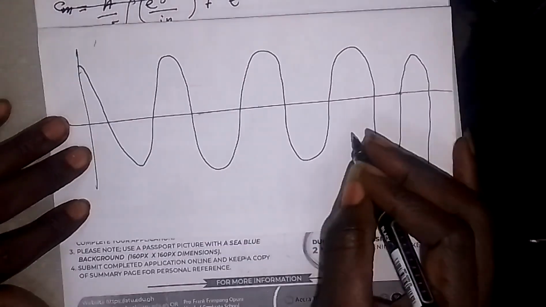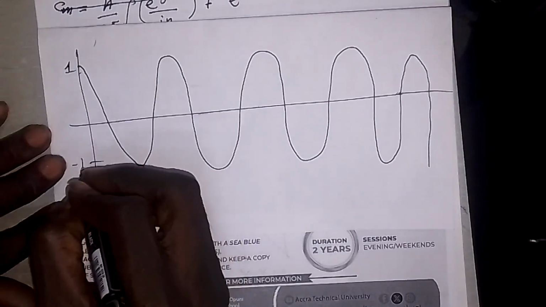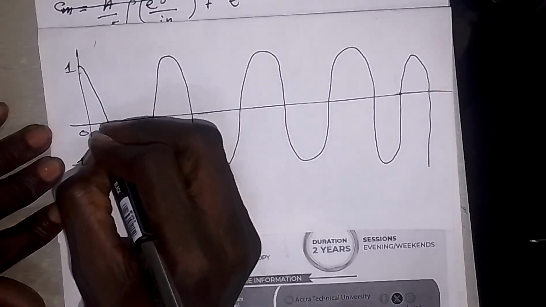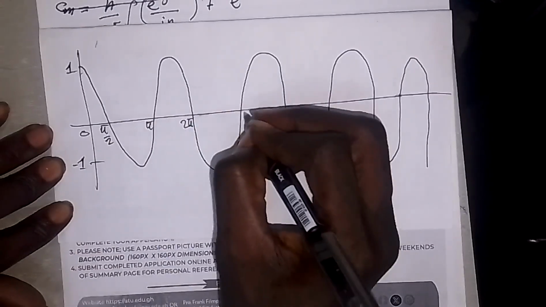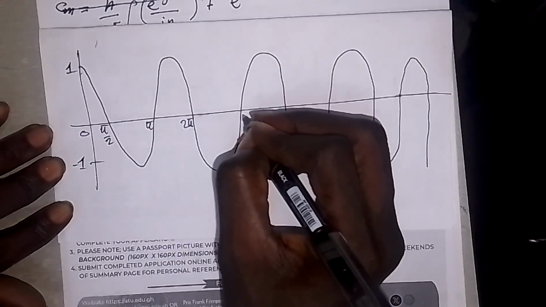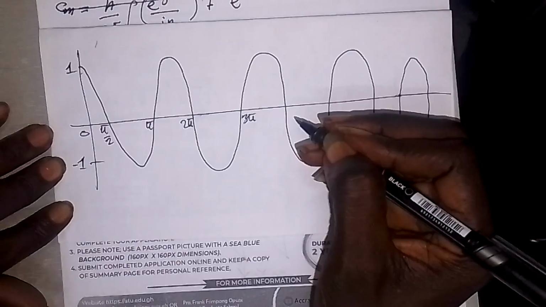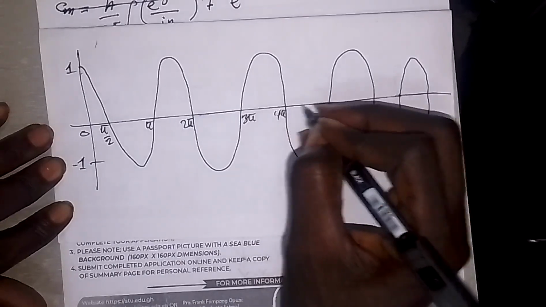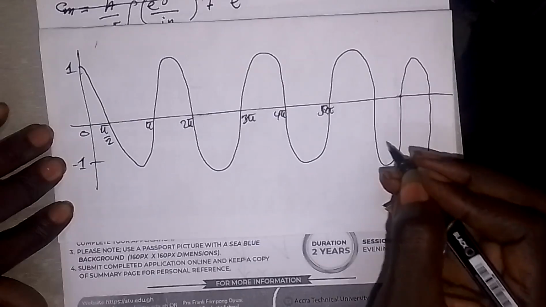Here is 1, here is minus 1, here is 0, here is pi on 2, here is pi, here is 2 pi, here is 3 pi, here is 4 pi, here is 5 pi.